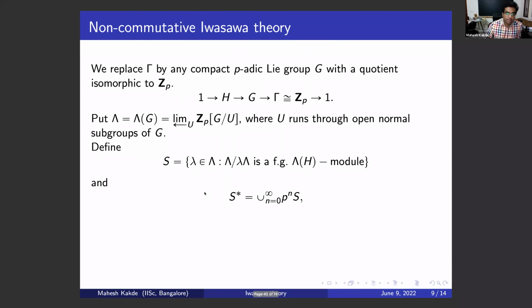And just because I want P in there, I'll throw in P and take the multiplicative set generated by P and S. All right. And why does one take this particular S? Well, for two reasons. First is that you can actually localize this non-commutative ring at S star or S. S or S star satisfies the Ore condition, left and right Ore condition, and so on.